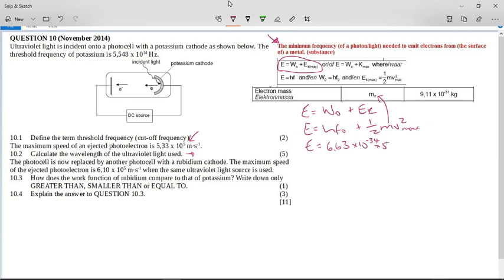So this is 5,548 times 10 to the 14. And then we know a half times 9,11 times 10 to the negative 31, a half m. And now I've got to find some way to write this in here. So I'm going to go down below, but remember we're multiplying here. A half of the maximum speed was 5,33 times 10 to the 5.